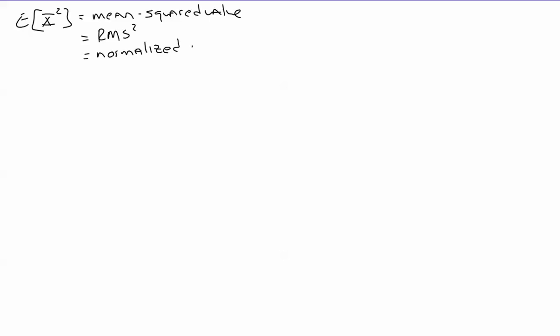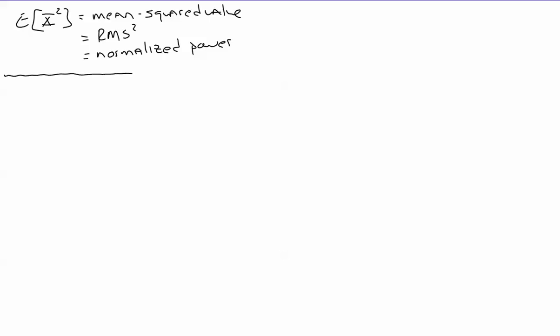Let's talk now about the mean squared value as normalized power. So let's think about something hopefully you've seen before.